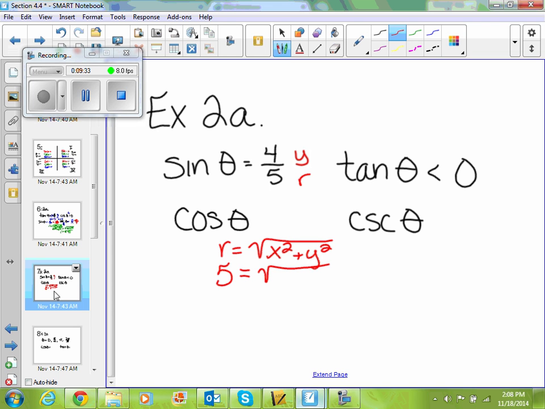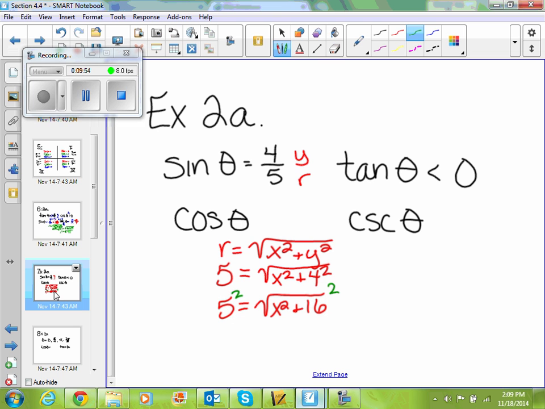I don't know what my x squared is, and I know that y is 4 squared. So I know 5 equals the square root of x squared plus 16.